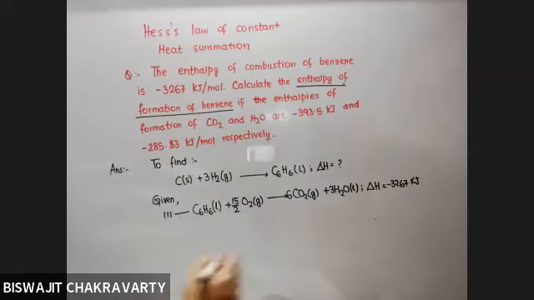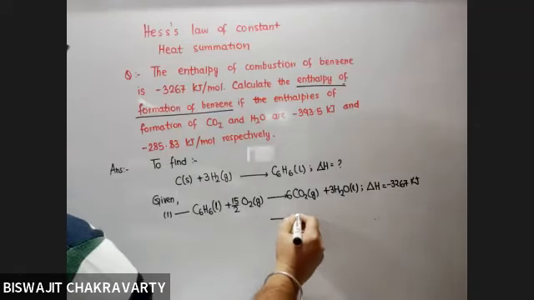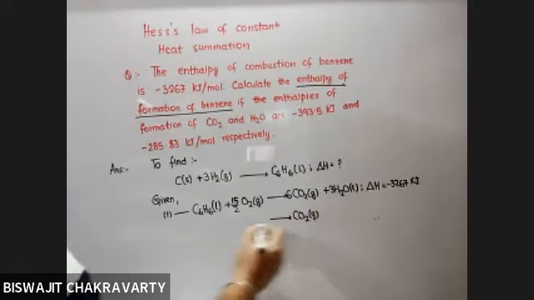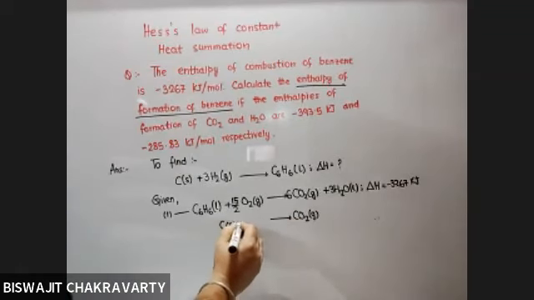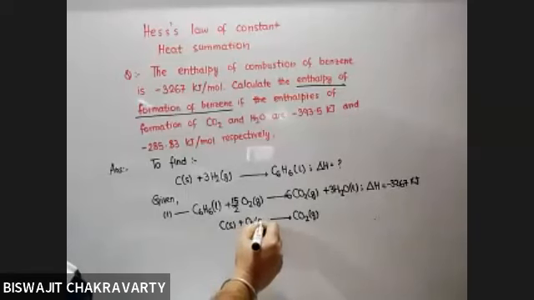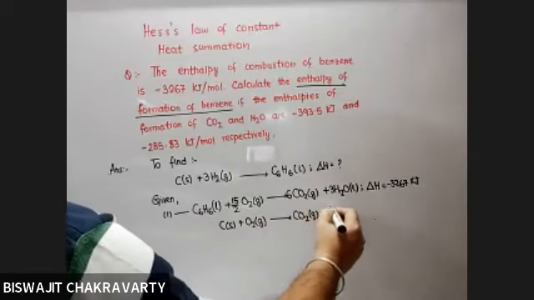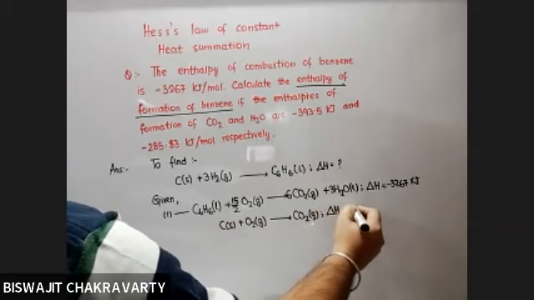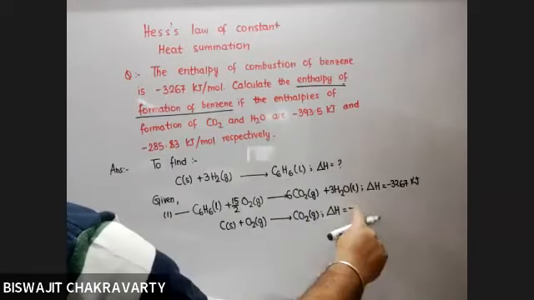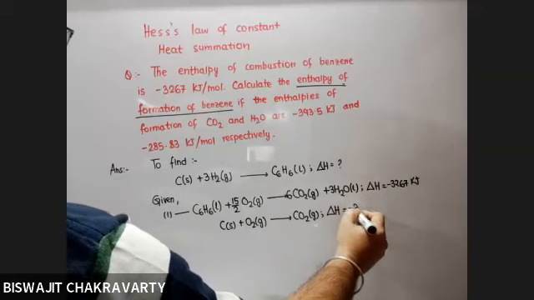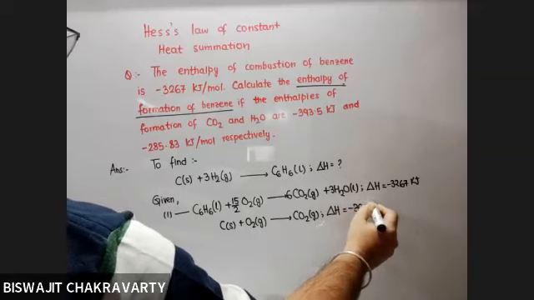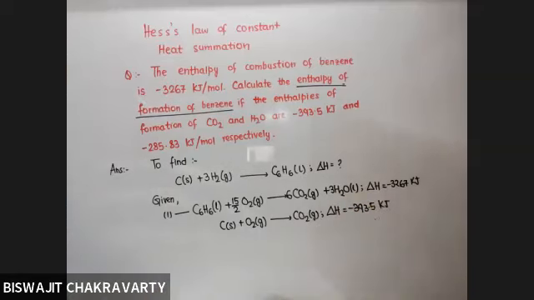Formation of carbon dioxide: carbon solid plus oxygen gas gives carbon dioxide. So delta H for this process is minus 393.5 kilojoules.